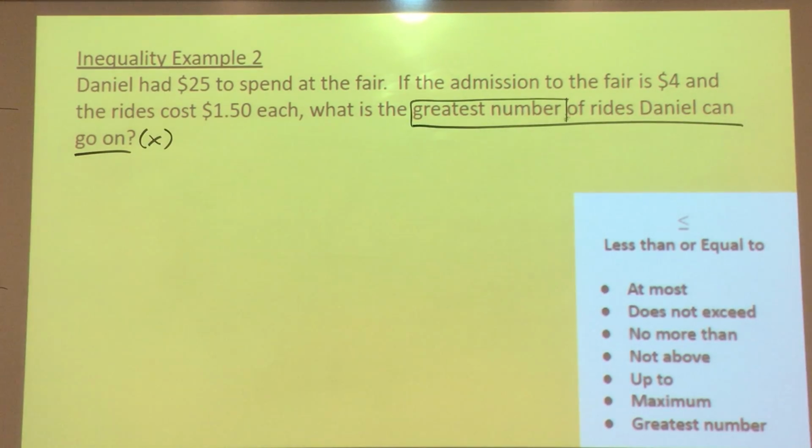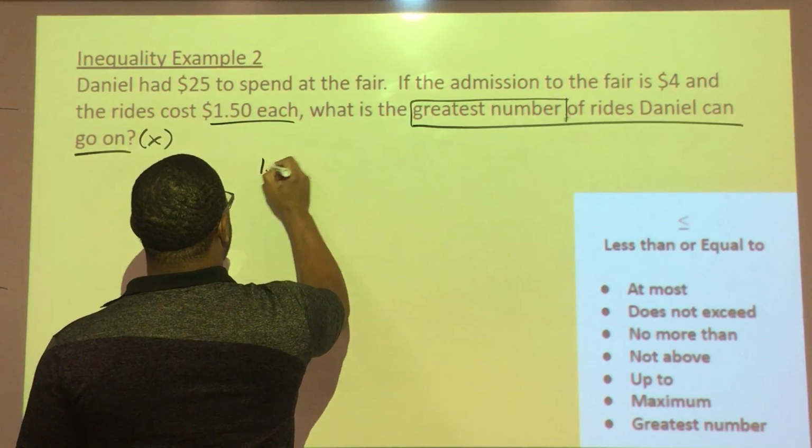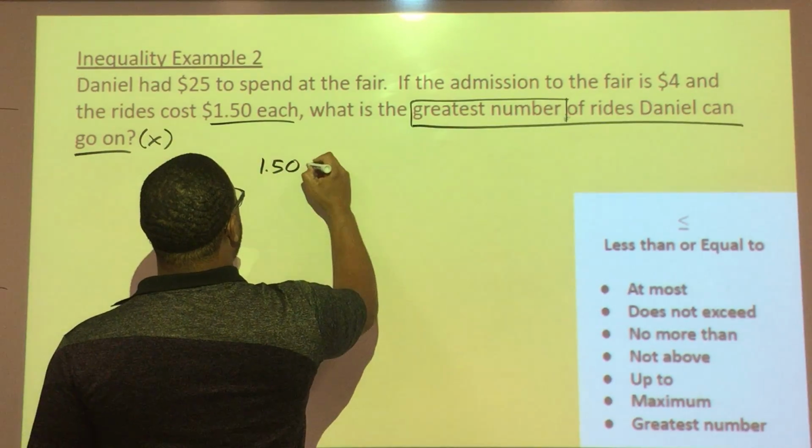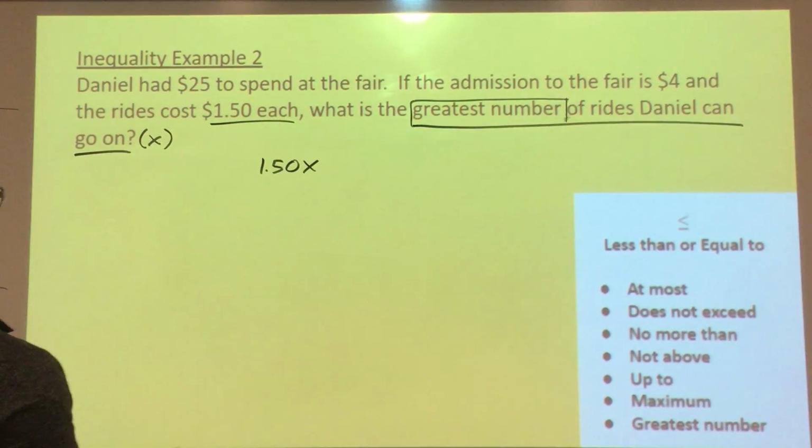So what piece of information in this problem is closely related to rides that Daniel can go on? Well, they told us the cost of each ride. They told us that each ride is $1.50. So this one's going to be $1.50 X. What other items is Daniel paying for?